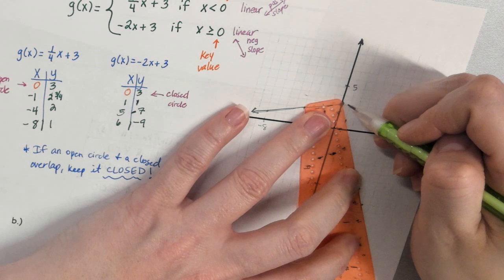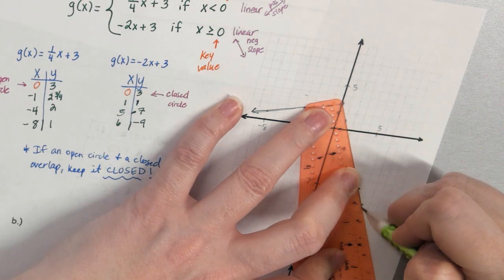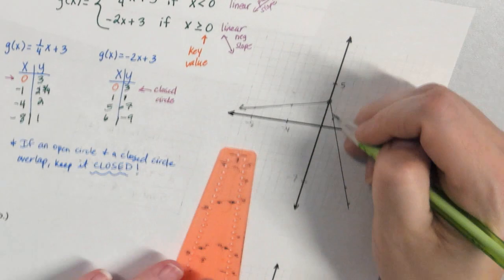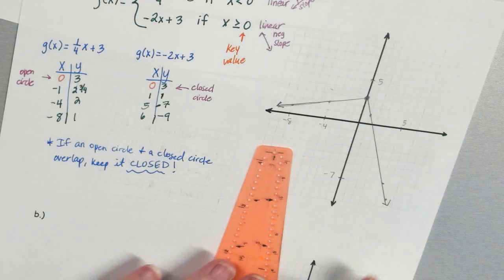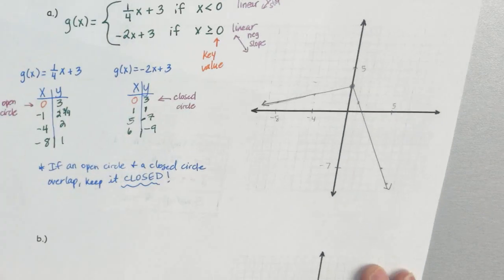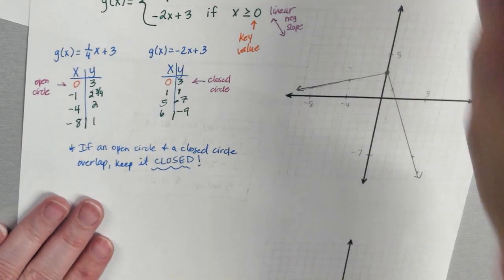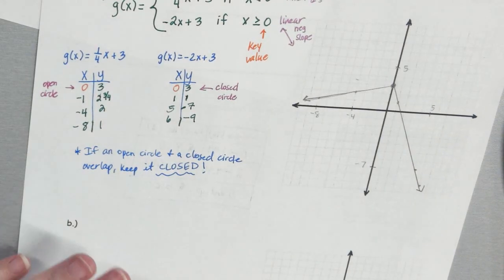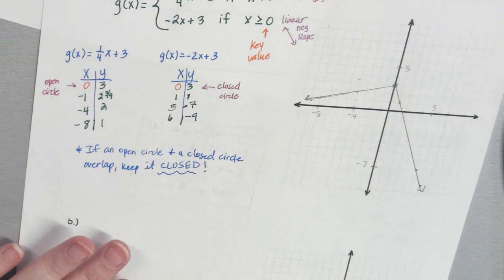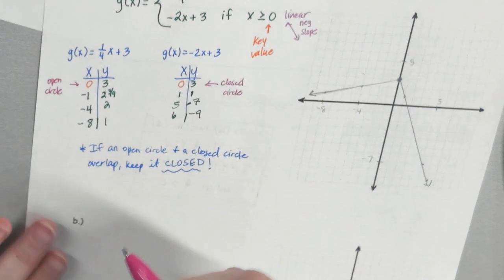All right, so we are going to close that circle, okay, and then we are going to connect those points with our straight edge, okay. Sometimes people try to make a target.